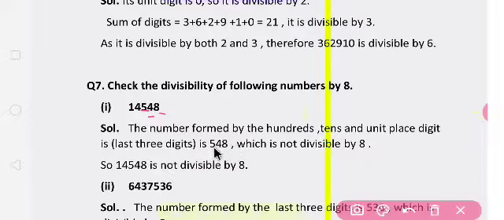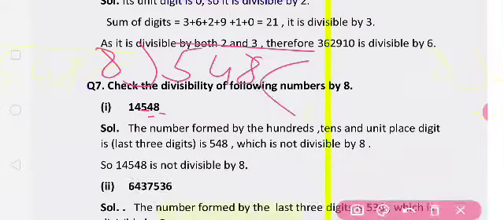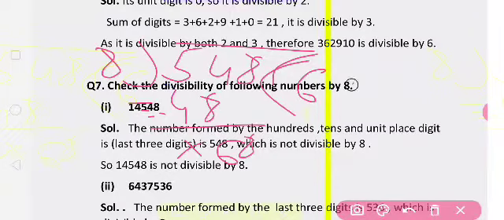Now we have to see whether 548 is divisible by 8 or not. So divide 548 by 8. You can see that 8 6s are 48. Now minus this, it will come 68. 8 8s are 64. So remainder is 4.